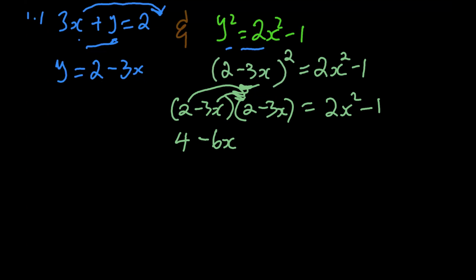Then 2 times 3x will still give you a minus 6x. Again, minus 3x times minus 3x will give you a positive 9x squared.